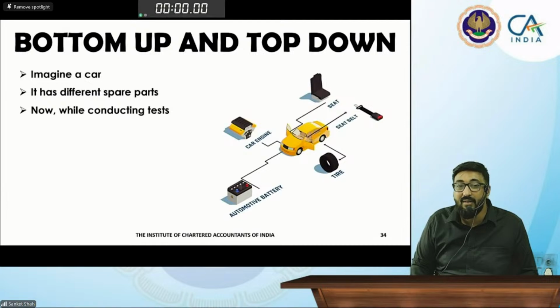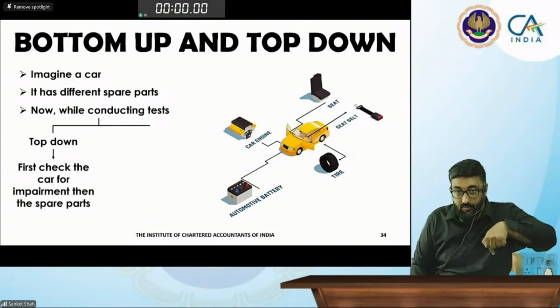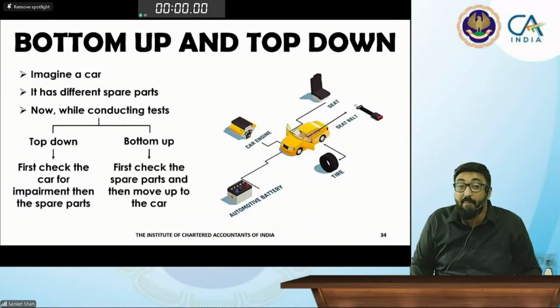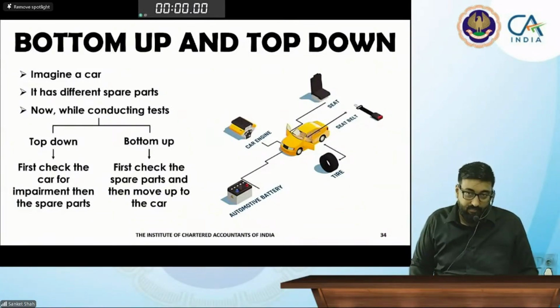Now, while conducting the test, top down means what? You will consider the motor car directly for impairment and not the spare parts. Top down. And bottom up means you will consider the spare parts for impairment and then you will move to the car.